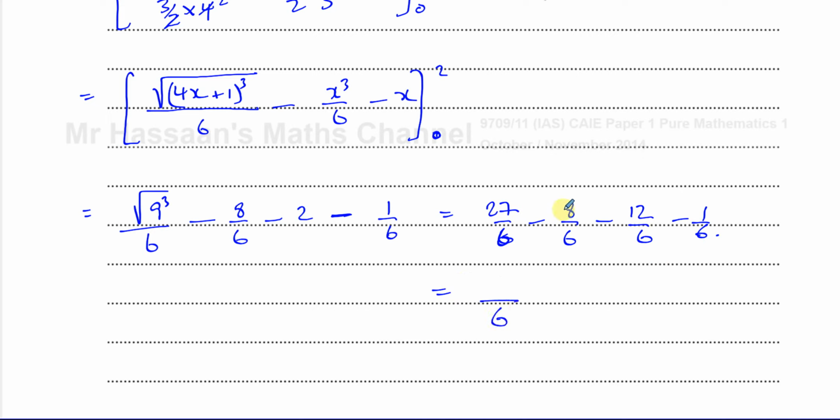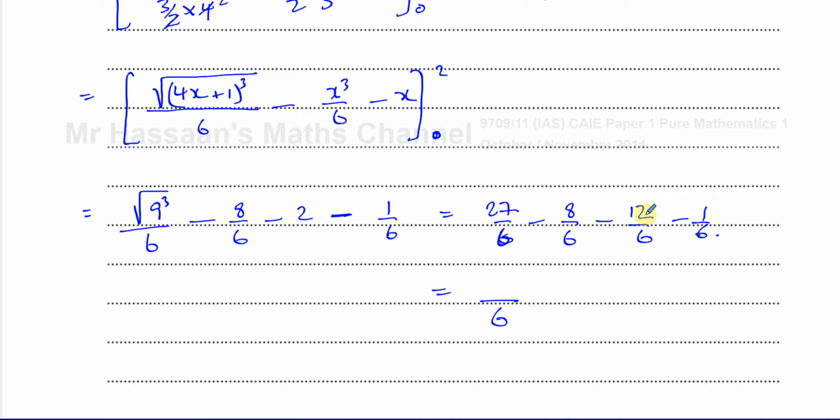So 27 minus 8 is going to be how much? That's 15. Okay, 15 minus 1 is 14. Is that right?